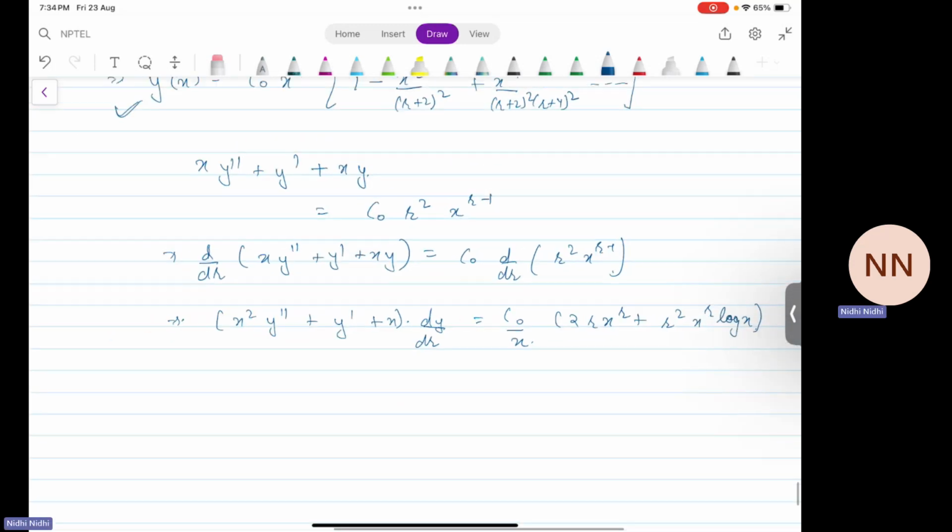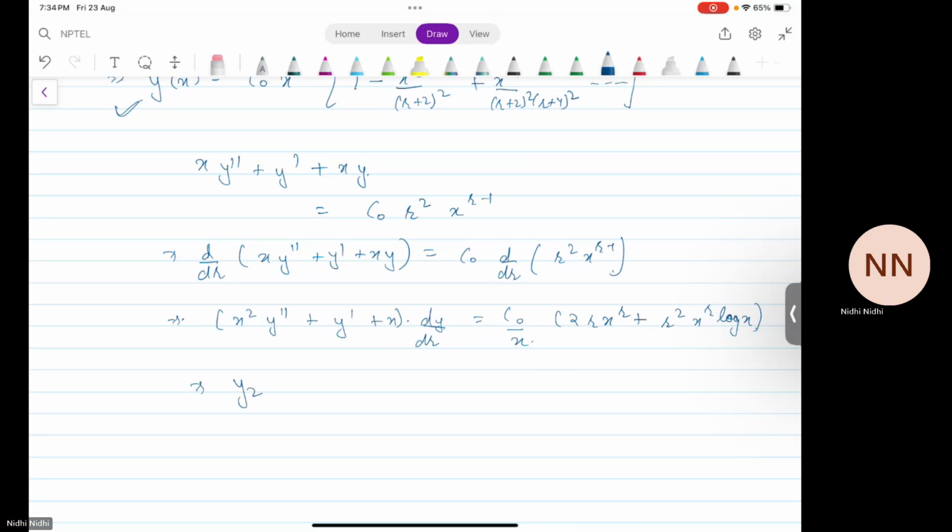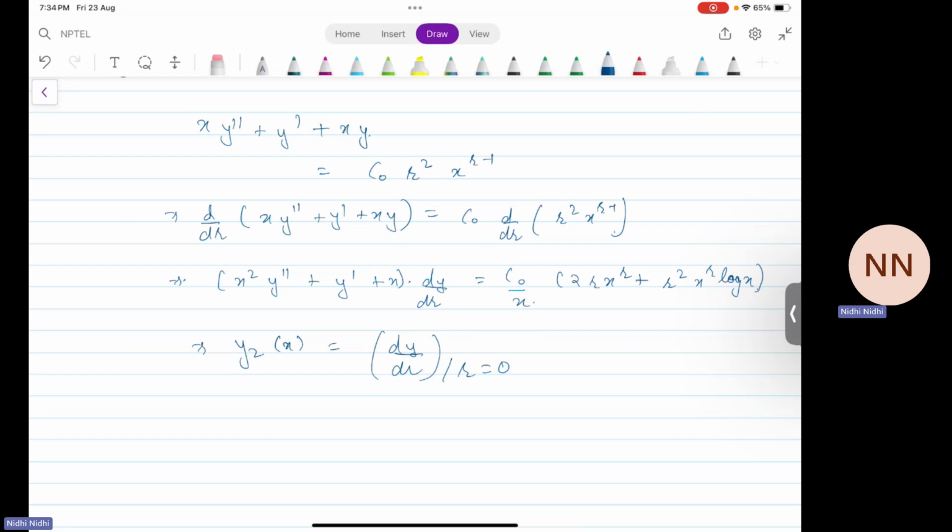And therefore we'll get our second solution y2(x) to be dy by dr at r equals to 0. This will be a solution, and moreover it will be linearly independent to the first function y1.